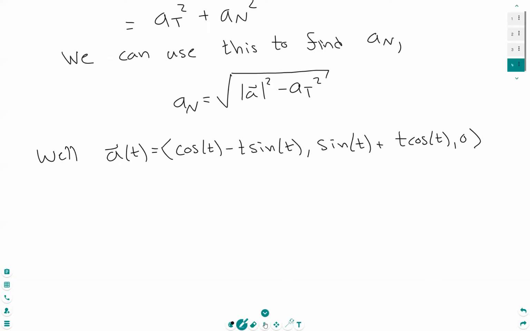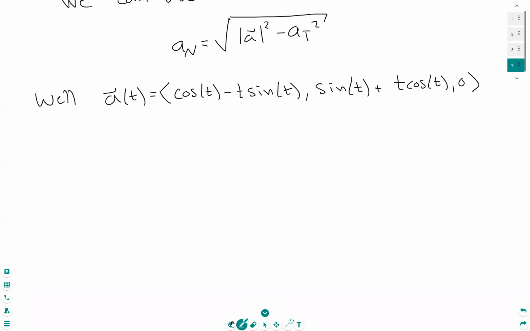And then we just look at this magnitude squared. So if I'm doing the magnitude squared, I don't need to worry about the radical here.